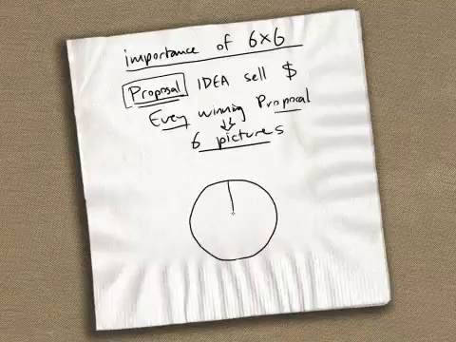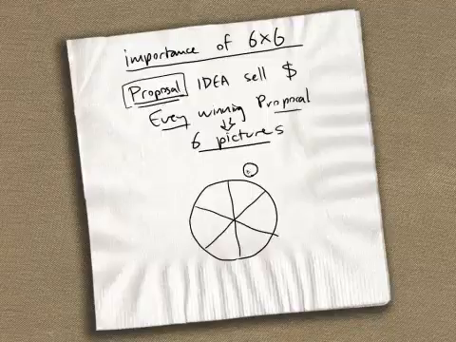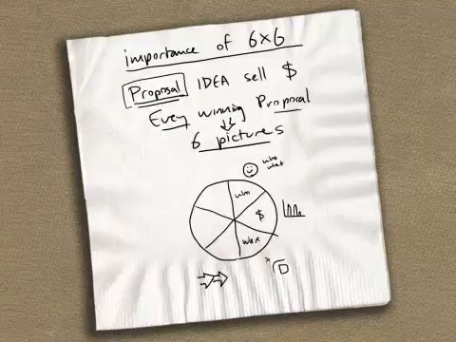Every good proposal is going to contain a portrait that says this is who and what our idea is about. It's going to contain a chart that gives some numbers. It's going to contain a map of some kind that's going to give location and where things are happening. It's going to contain a timeline, otherwise known as a roadmap, of when things are going to happen.